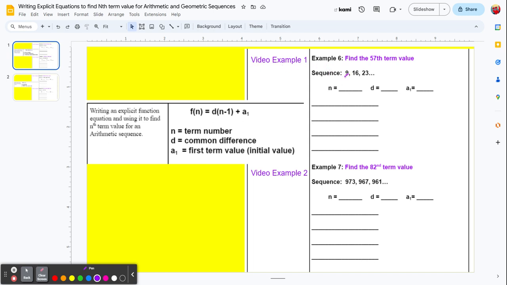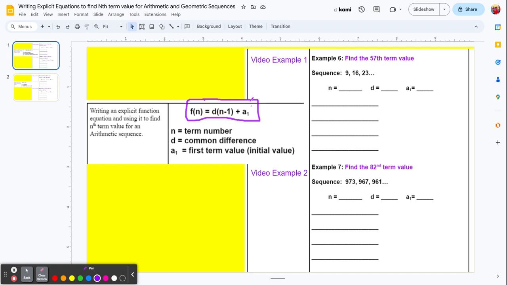We have the sequence 9, 16, 23. The general explicit formula is f of n equals d times (n minus 1) plus a sub 1.